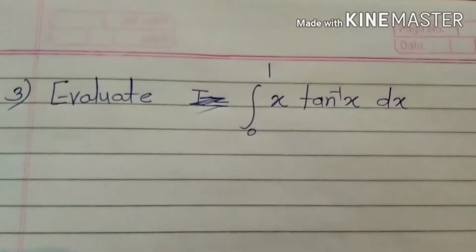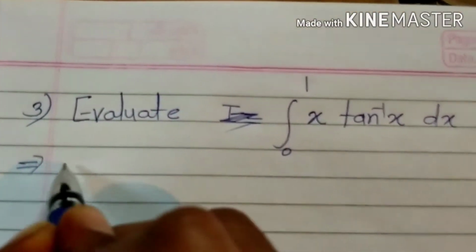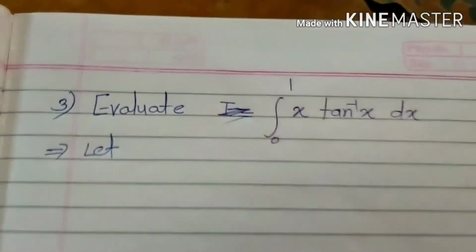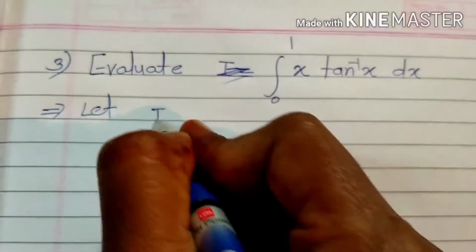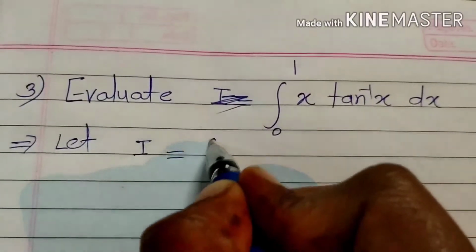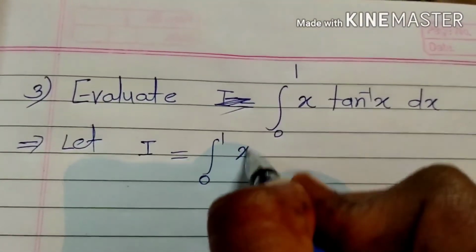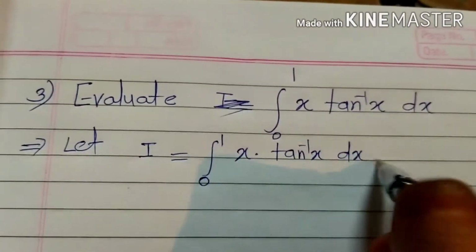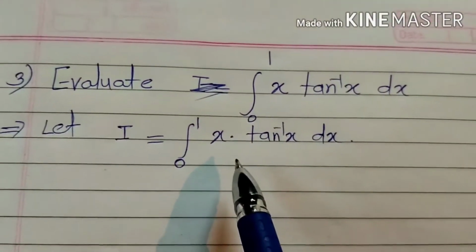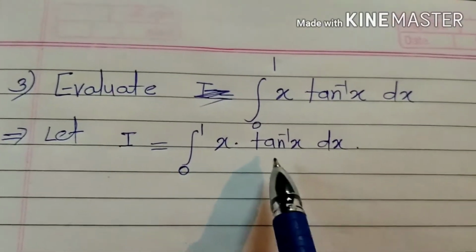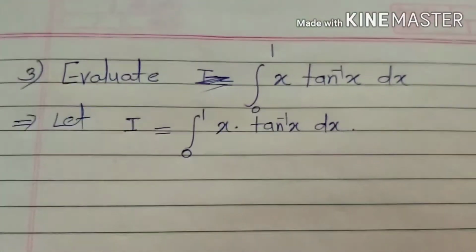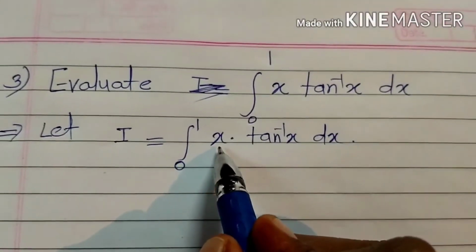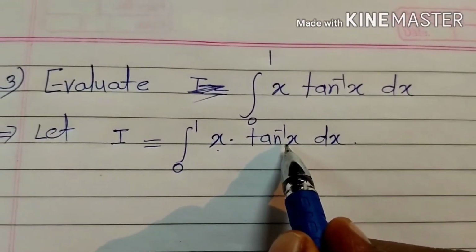Okay, so let I is equal to the integral from 0 to 1 of x into tan inverse x dx. Now in indefinite integration we already solved that type of examples. So you can observe this is an algebraic function and this is an inverse function.